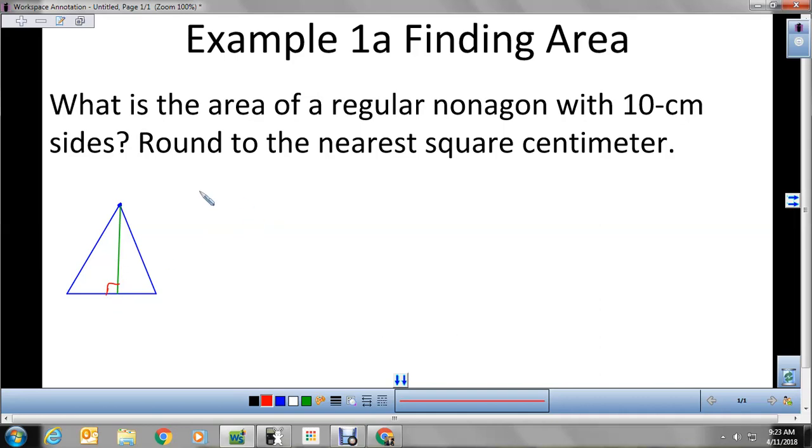Now we're going to write down our six steps: Nespacha. Number of sides, side length, perimeter, central angle, half angle, and apothem.